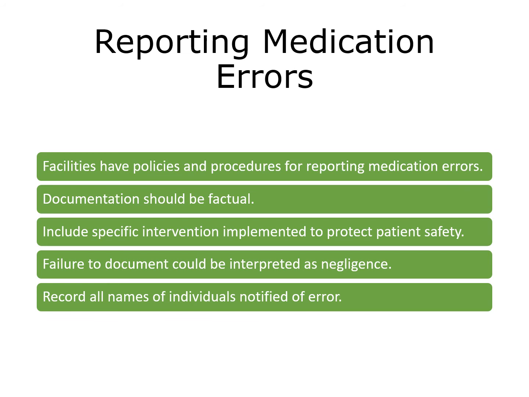So it just depends on the scenario. Recording all names of individuals notified of the error. So if you notified a physician or a healthcare provider of this error, and of your concern about the error, then now it's also up to them to become involved in making sure that the patient remains safe.